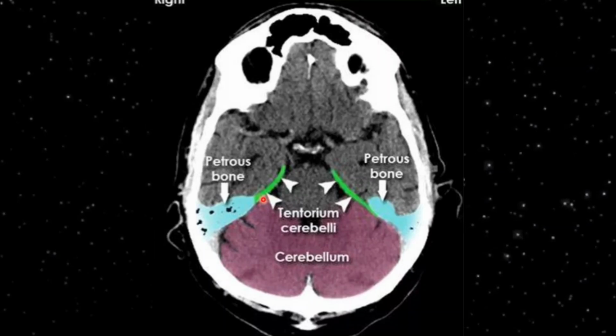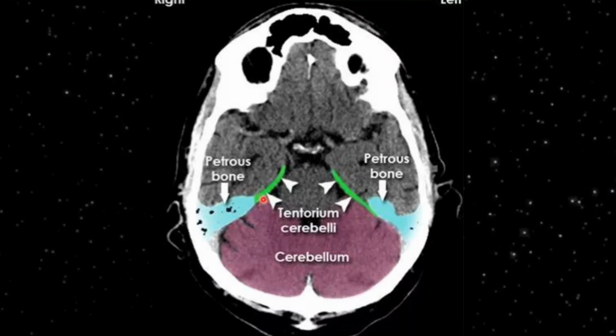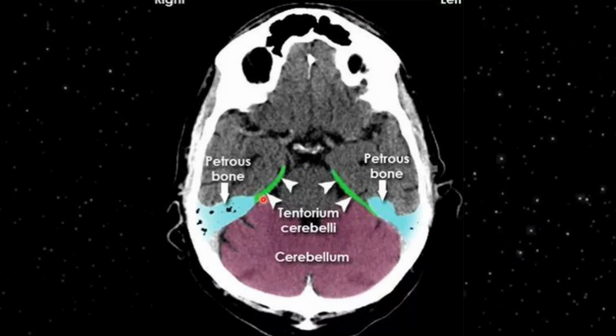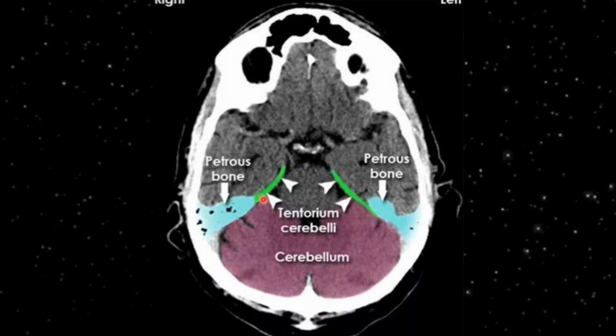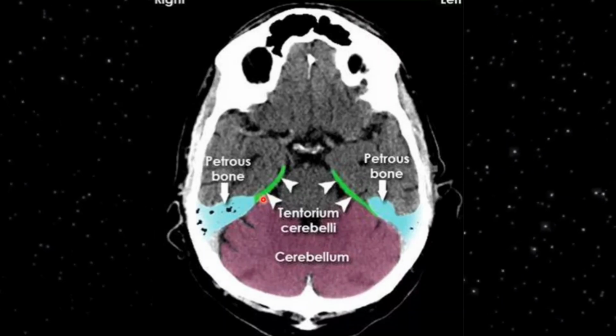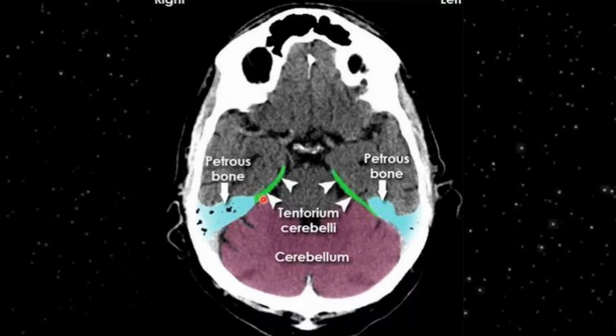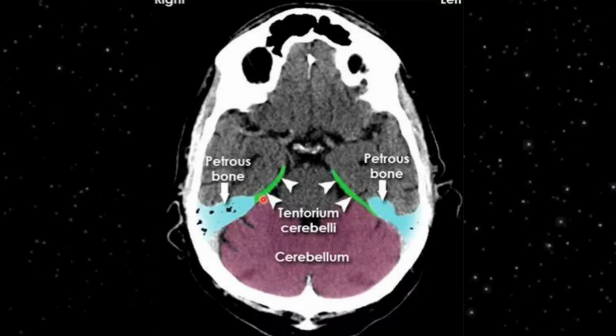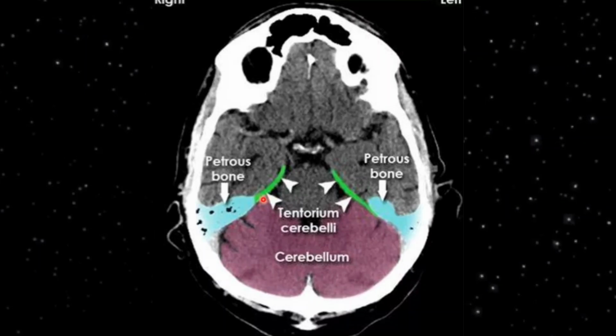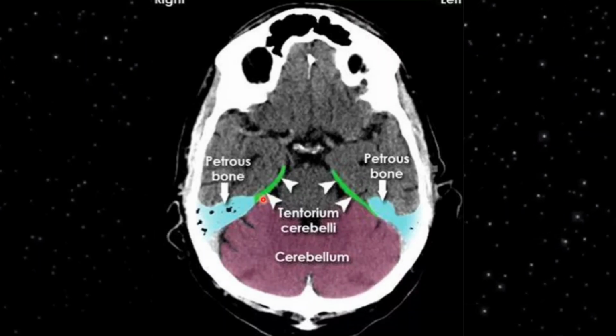This fold is called the tentorium cerebelli. The tentorium cerebelli is attached to the petrous part of the temporal bone. In this image, this green is the tentorium cerebelli.